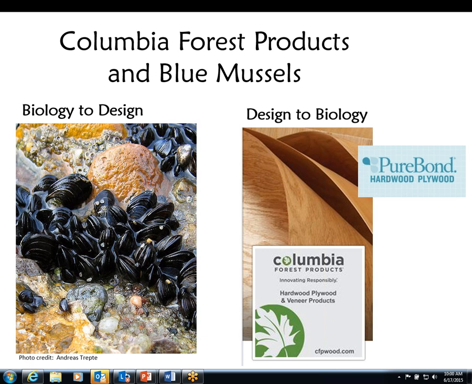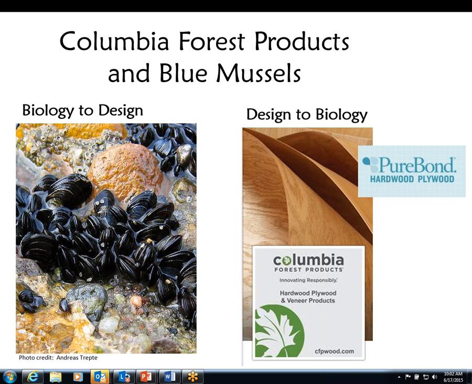After some research and investigation, he found that there's a very similar protein structure in the soybean. And soybeans, we can certainly raise that protein in a sustainable way. And so he developed this adhesive based on the strategy and the mechanism of the blue mussel, using the soybean protein structure.